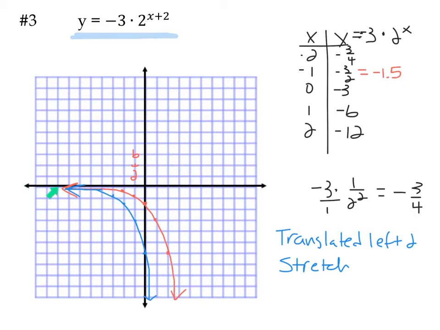So that's a reflection across this axis. This is the x-axis. We're taking what would normally be a graph going like this, and flipping it over down on the other side of that axis. So it's a reflection across the x-axis.